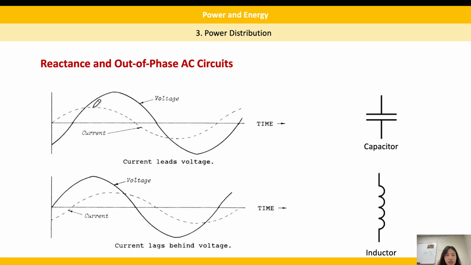Like in this one, there's current and voltage, and the peak of the current happens before the peak of the voltage. If an inductor is included in the circuit, the current lags behind the peak of voltage. You see? So in this case, we can see the lagging. If the lagging happens, how do we calculate the power used?